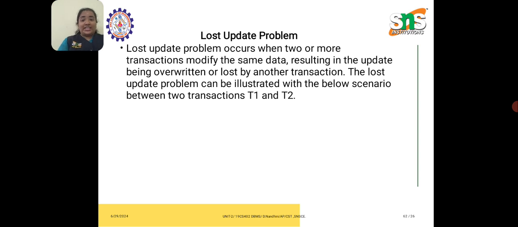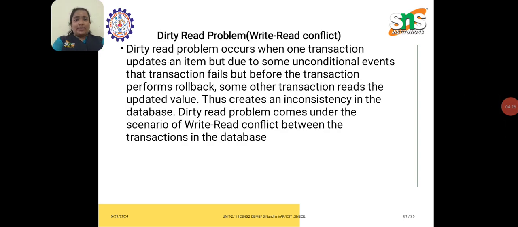So we set a time interval. Suppose a transaction is given 5 seconds; if in those 5 seconds there is no response at the end, then we send the transaction again. At that time we can know that the transaction was missed somewhere. That type of transaction problem is the lost update problem.